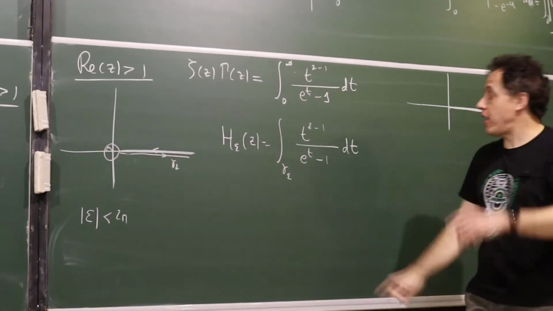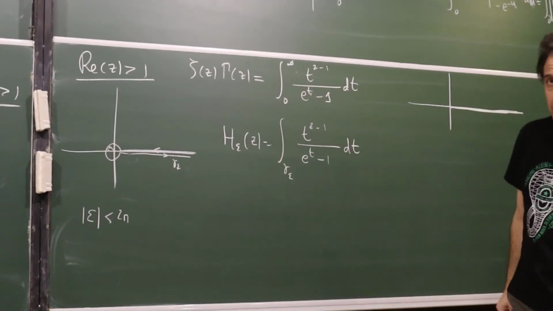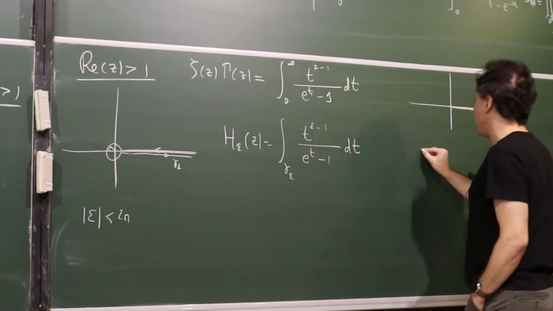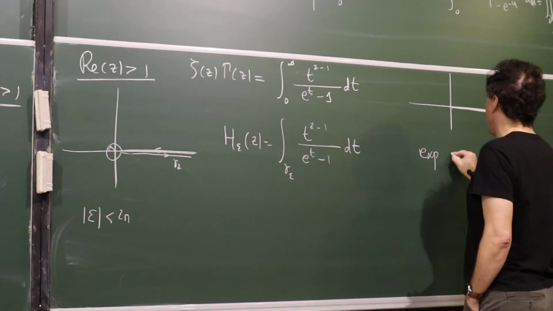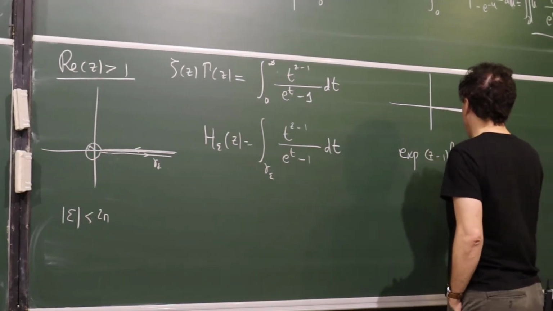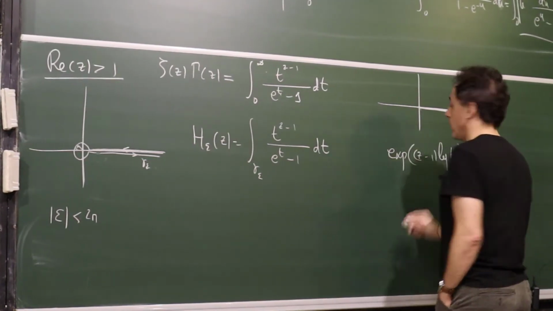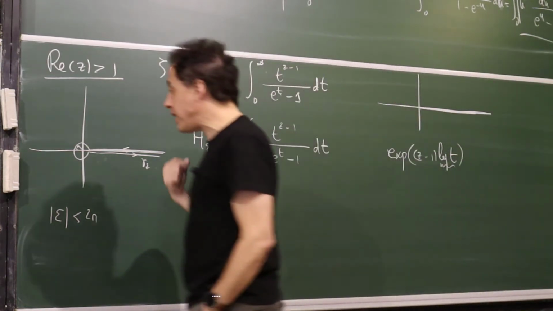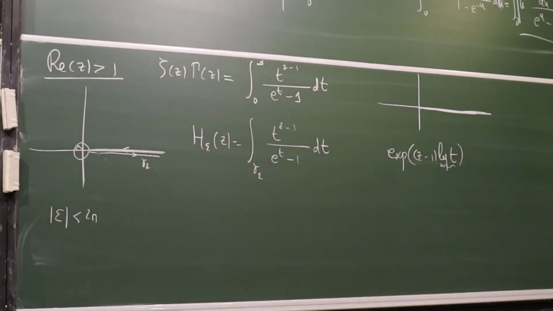So we have a problem here with the numerator, because this is a multi-valued function. What is the numerator? The numerator is the exponential of (z minus 1) log of t. And we have a problem here with log of t. So we need to find some logarithm which is continuous along the path.